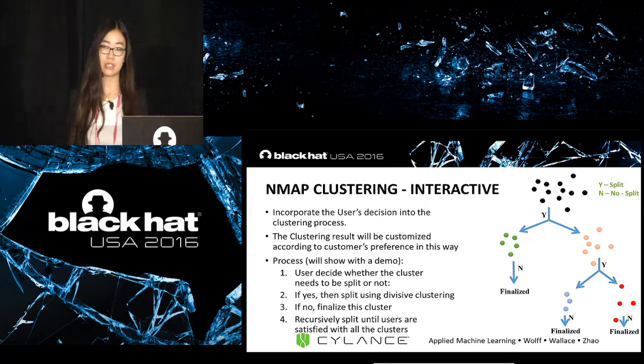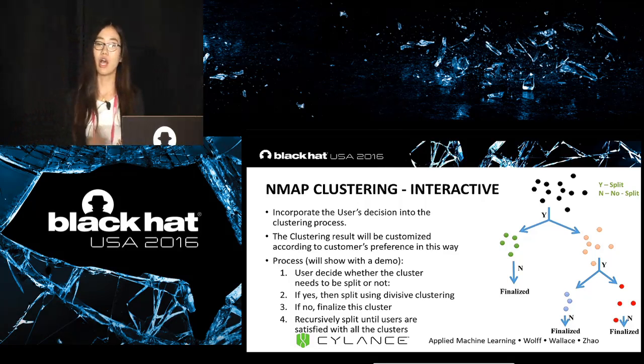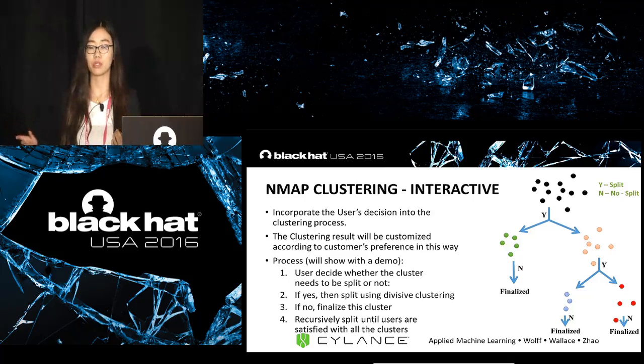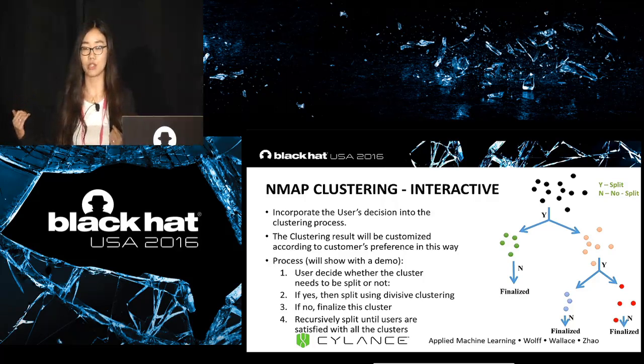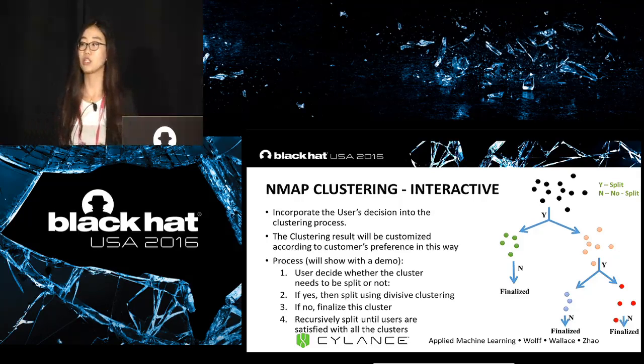So how did we do this? We start with all the samples in one cluster, and then we ask the user whether these samples should be in one cluster or not. The users will have access to all the information about these samples. We will have a demo about this later, so you can get a sense of how it works. Then the user, based on all this information, can decide whether these samples should be in one cluster or not.